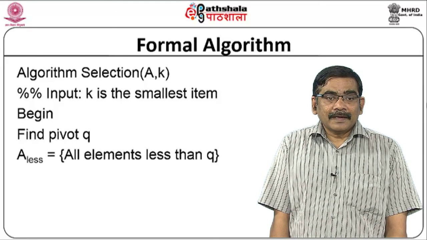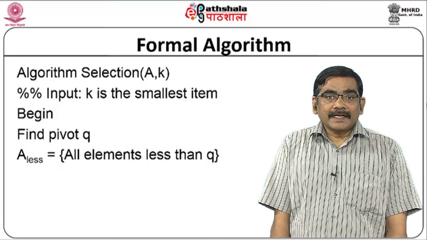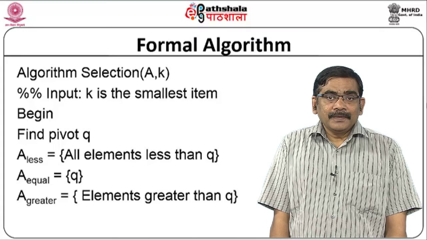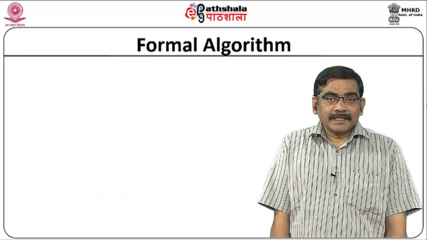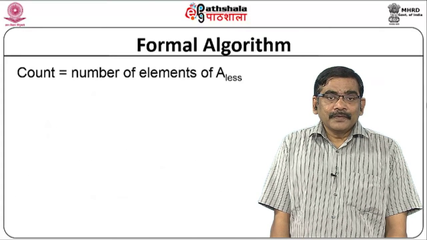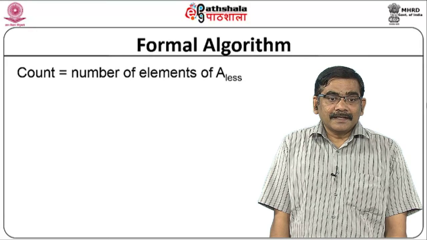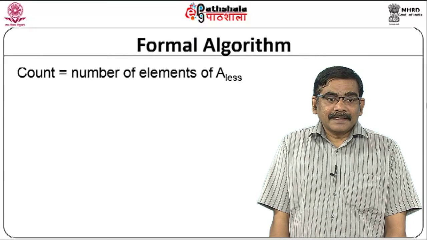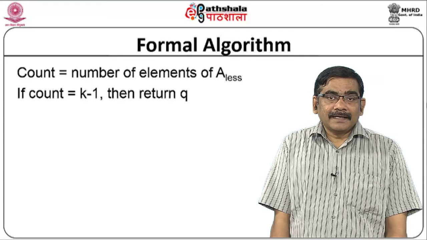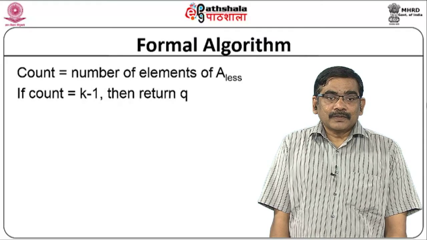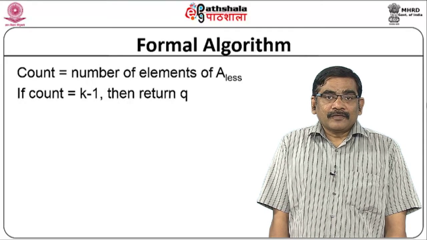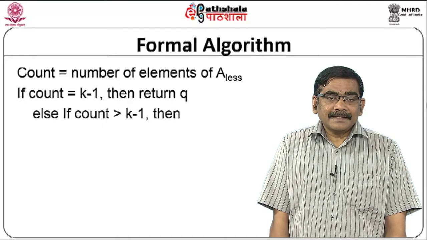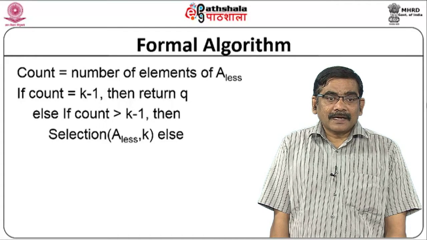So, this is the formal algorithm. We have algorithm selection, where k is the smallest item. Find pivot q; we can make use of either the Hoare algorithm or Lomuto. As we discussed earlier, we will get 3 lists: A less, A equal and A greater. We find the count of A less, which is stored in a variable called count.